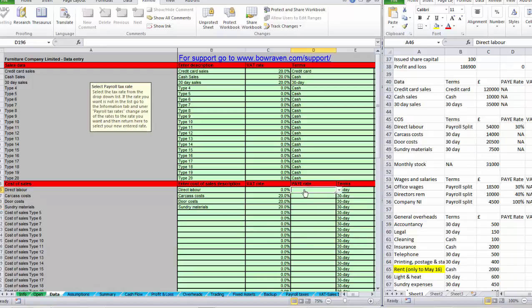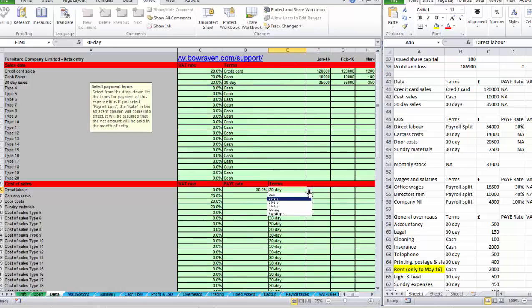The very first one is PAYE, because it's wages. It splits out. In the UK, you can split out the amount paid to the government, and in this case, I'm going to say it's 30% of that, so 30%. And in the terms, you need to change that to payroll split, so it will spit out those payments for you.